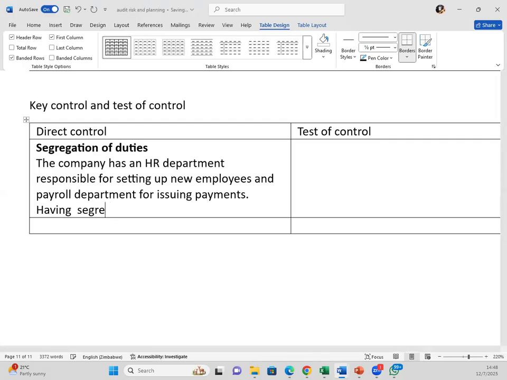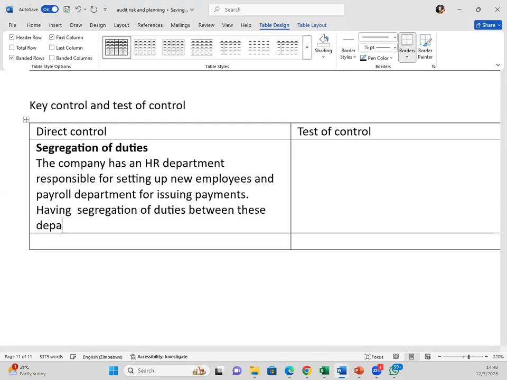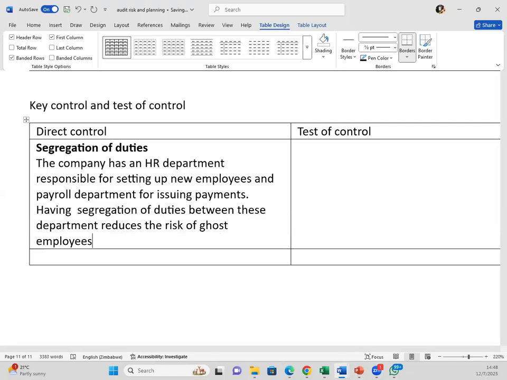Having segregation of duties between these departments reduces the risk of ghost employees being set up and getting paid.